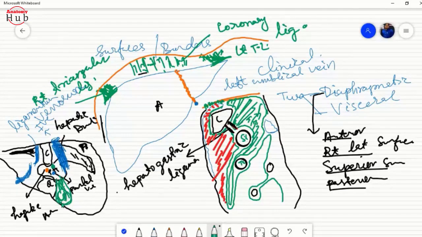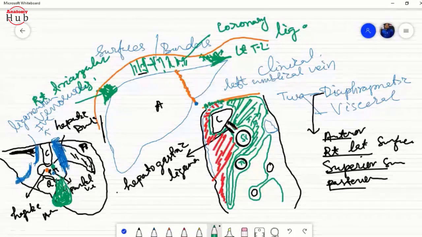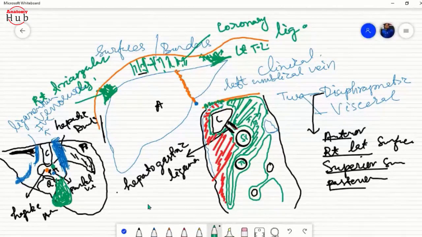So here you'll find a fossa, that is the fossa for the gallbladder, which hangs a little bit downward, right? So this is the gallbladder. What we have over here is an H-shaped thing, right?